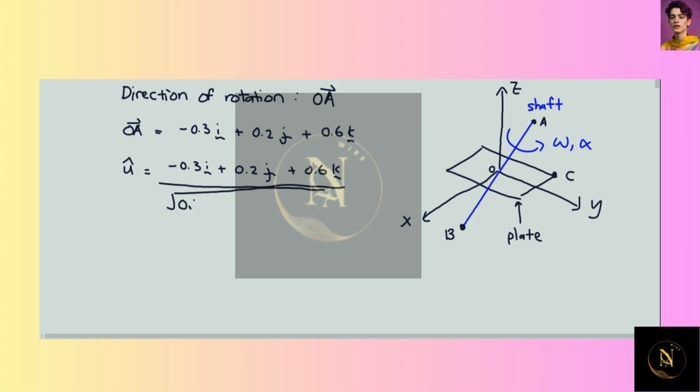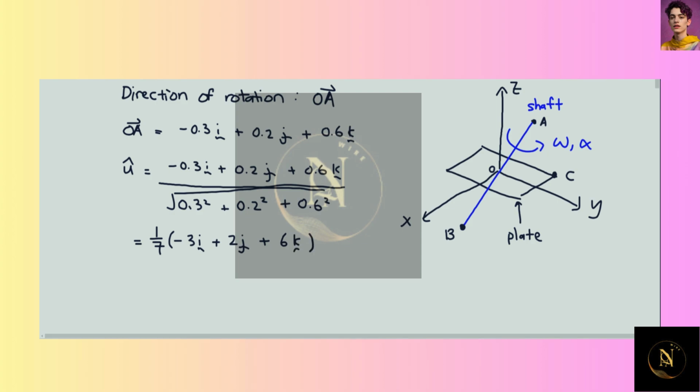So this is the square root of 0.3 squared plus 0.2 squared plus 0.6 squared. If you do this calculation properly, you get 1/7 times minus 3i plus 2j plus 6k.